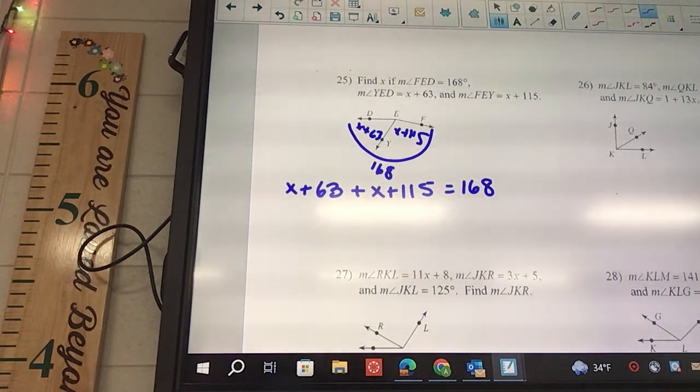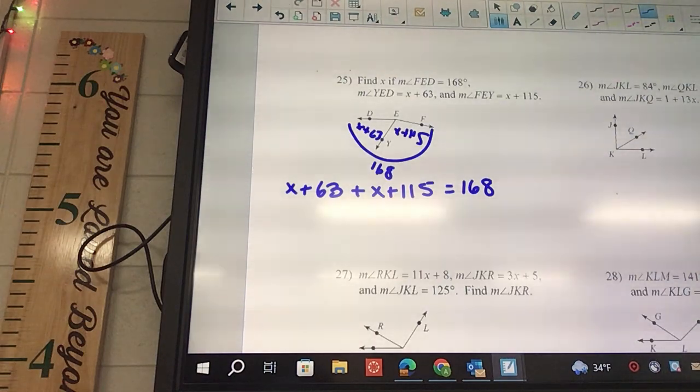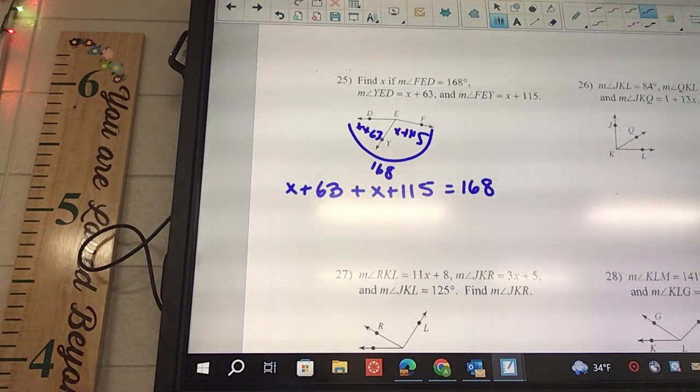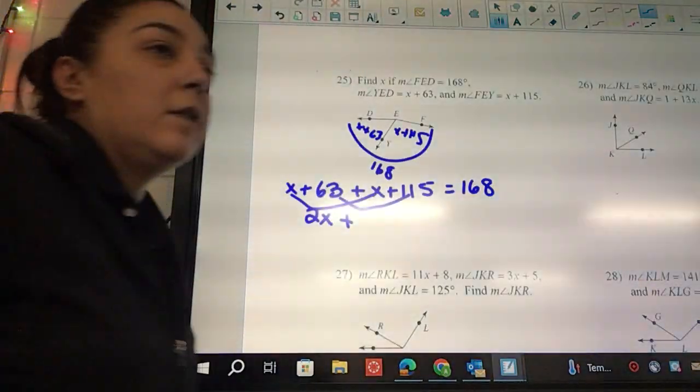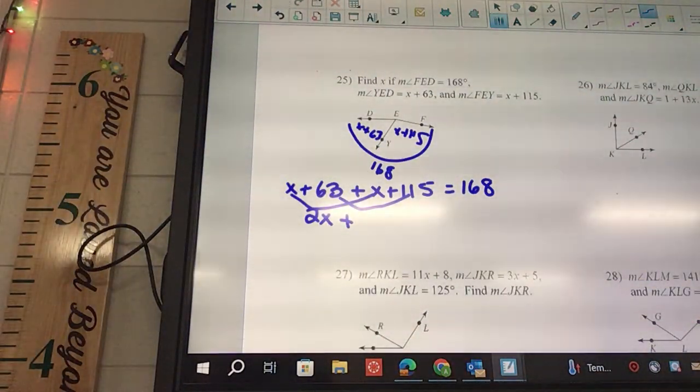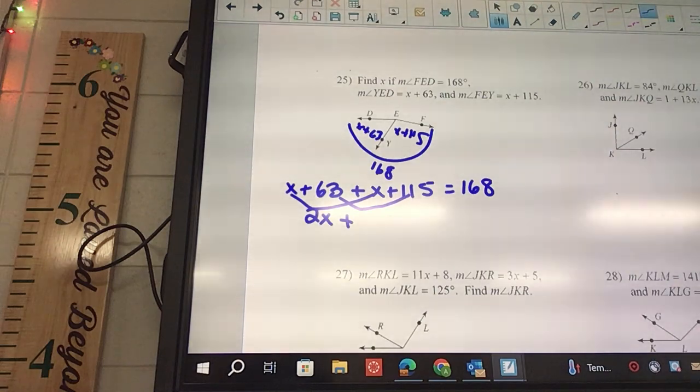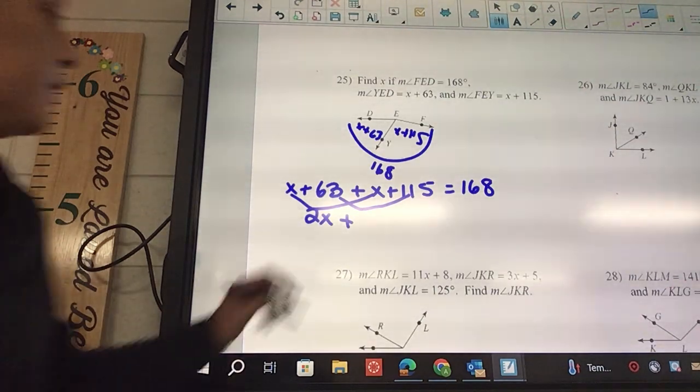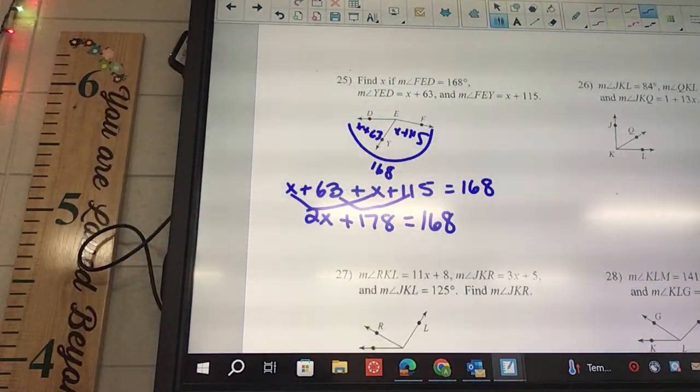Okay, what needs done next? Put together the numbers and the letters. Yeah, so we can combine X and X, which gives me 2X. And what is 63 plus 115? 178. So 2X plus 178 equals 168. Then what needs done?